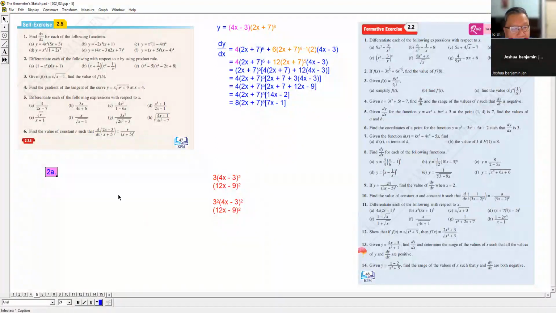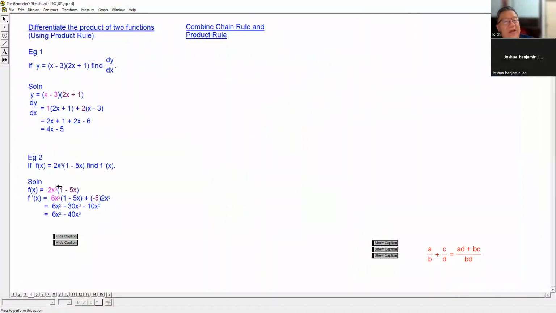You finish, then I go back to the previous page so that you can refer. Finish copying. Okay. Then you refer to this example. Pink and brown, okay?